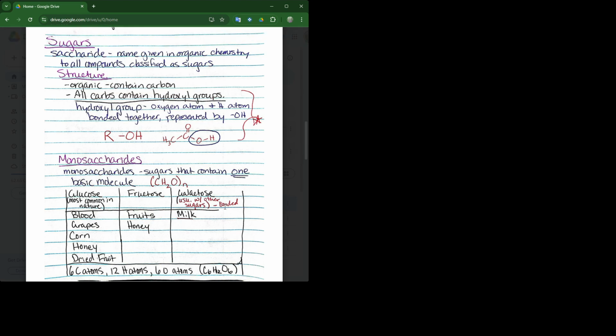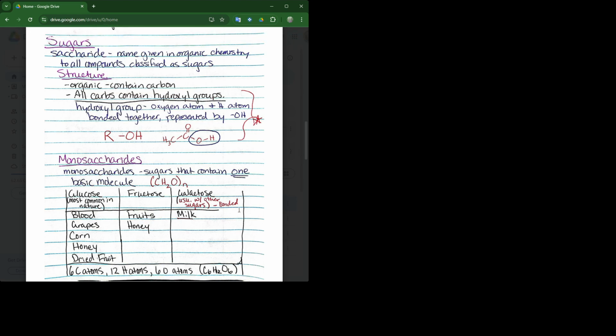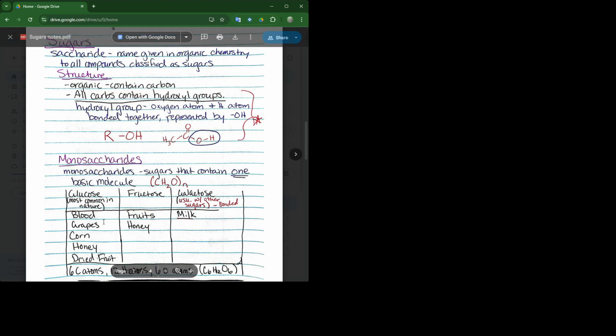From the lecture, I told you that it's usually found bonded with other sugars. It's not very often found as a monosaccharide. And then the list of foods that each one is found in. Now, some of these foods were from the book and some are from the lecture, so I'm referring to both and writing the full list for each.